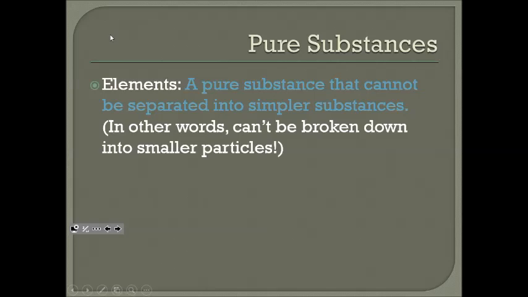Like you can break down an element, you can have it undergo nuclear decay, you can break apart the particles, but that actually changes the essence of the element. It's no longer that element. So you can't really break it down further from this point without completely changing the properties and the chemical composition and so forth. So the element is the lowest that you can get, and they're made up of individual atoms or twin atoms. We're going to talk about those diatomics in just a minute.